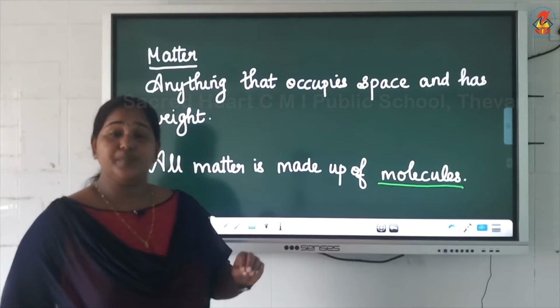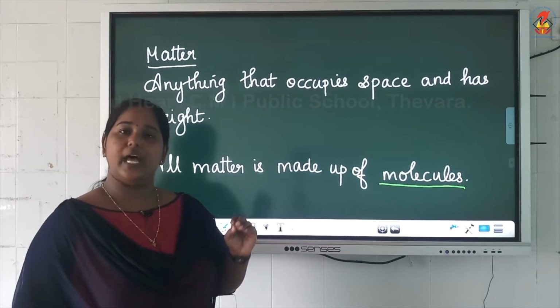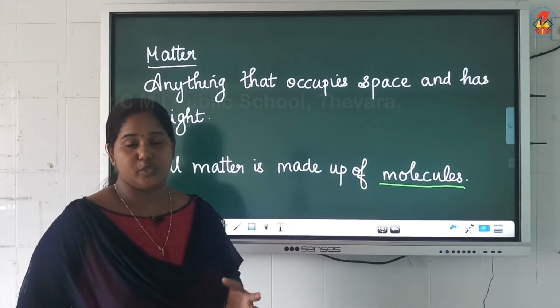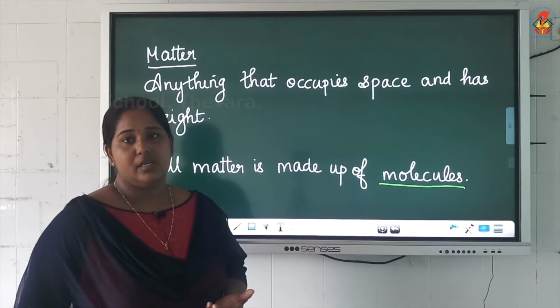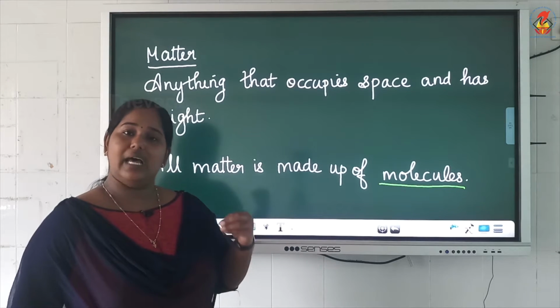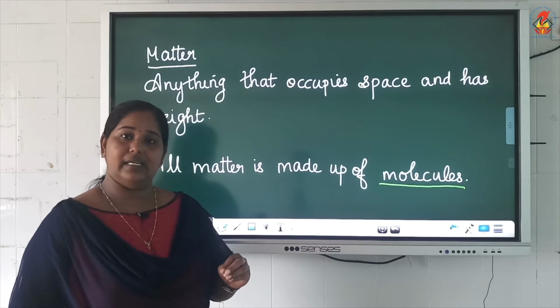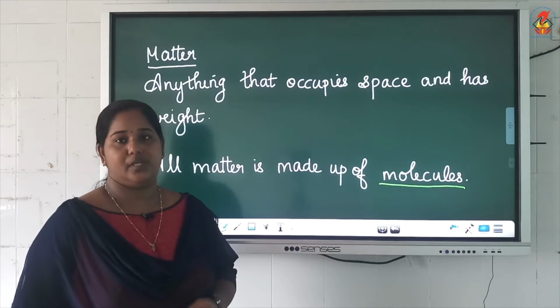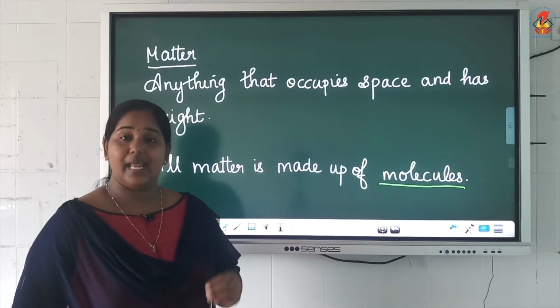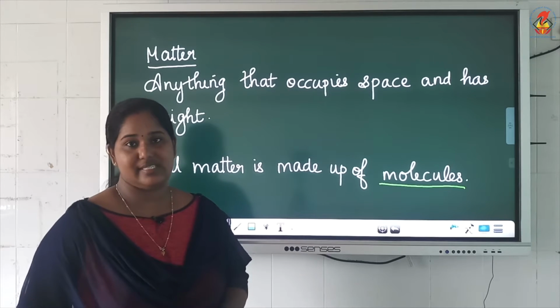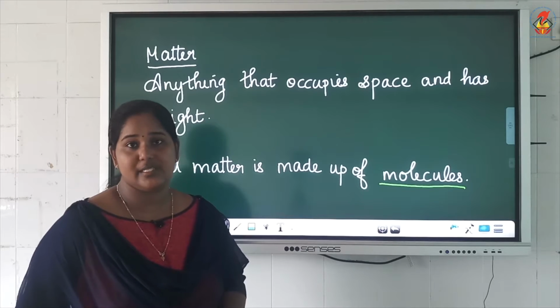Now, according to the arrangement of molecules, molecules are normally in a state of motion or they have a tendency to move always. So, molecules are arranged in different manner in matter. Depending upon the arrangement of molecules, matter can be divided into three states. Do you know what it is?